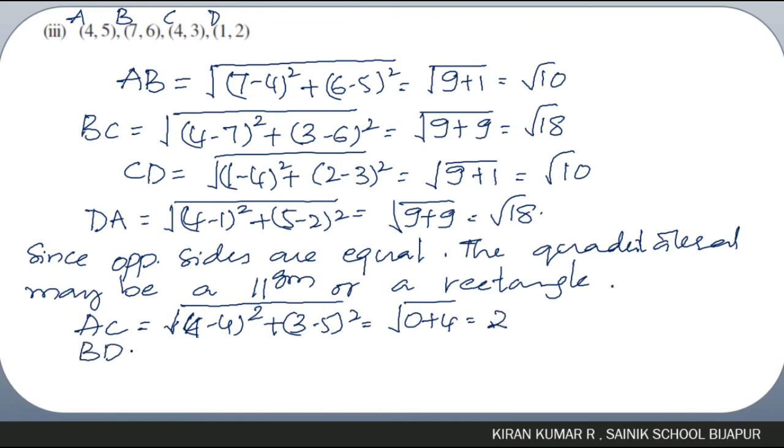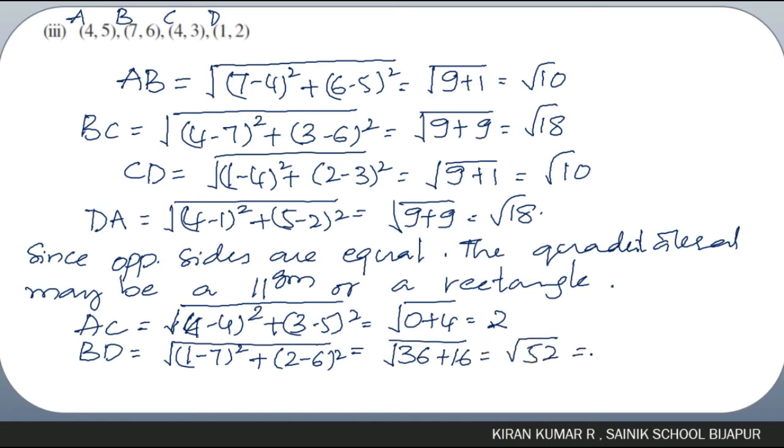The length BD is root of (1 − 7) whole square plus (2 − 6) whole square, which will be root of 36 plus 16, which is root 52. On simplification, we get 2 root 13.